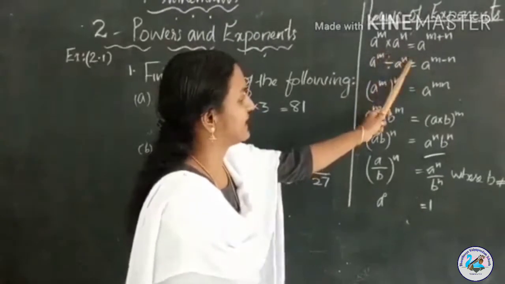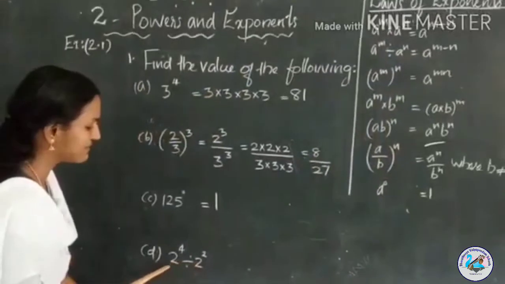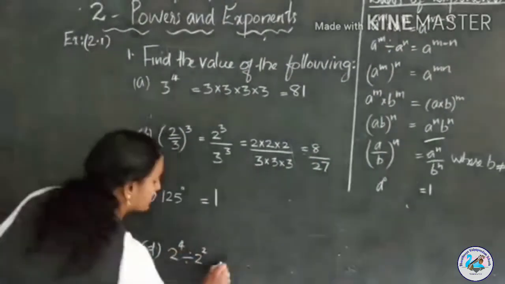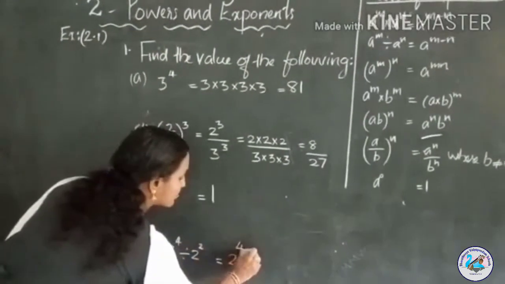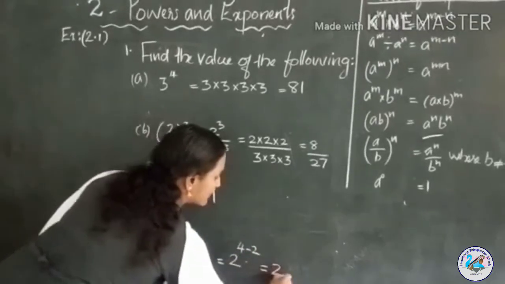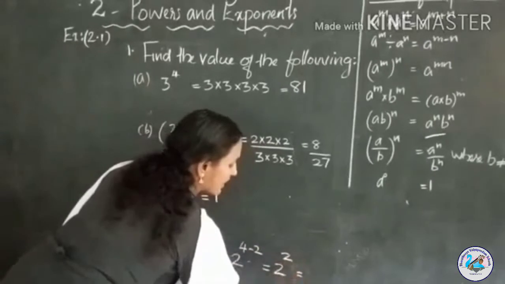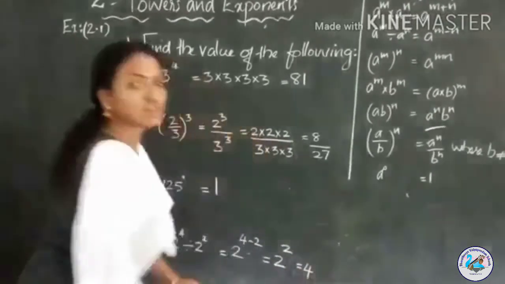The bases are the same, so subtract the powers. 2 power 4 divided by 2 square is equal to 2 raised to 4 minus 2, which is 2 square. 2 square means 2 into 2, which is 4.